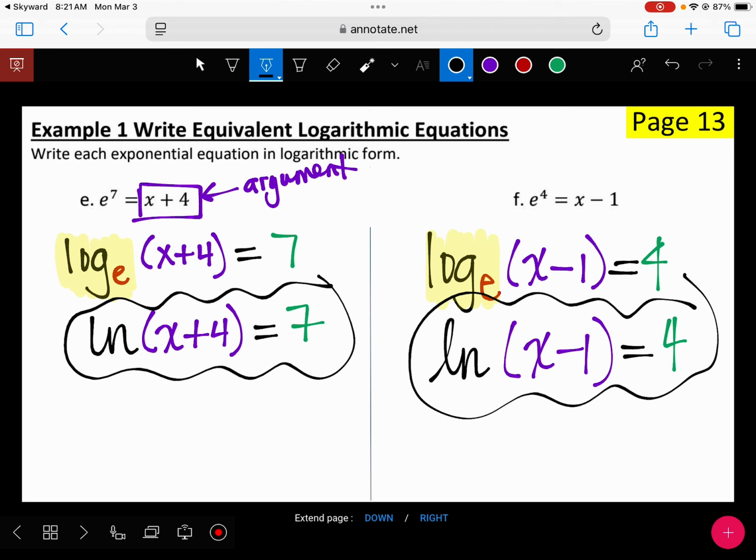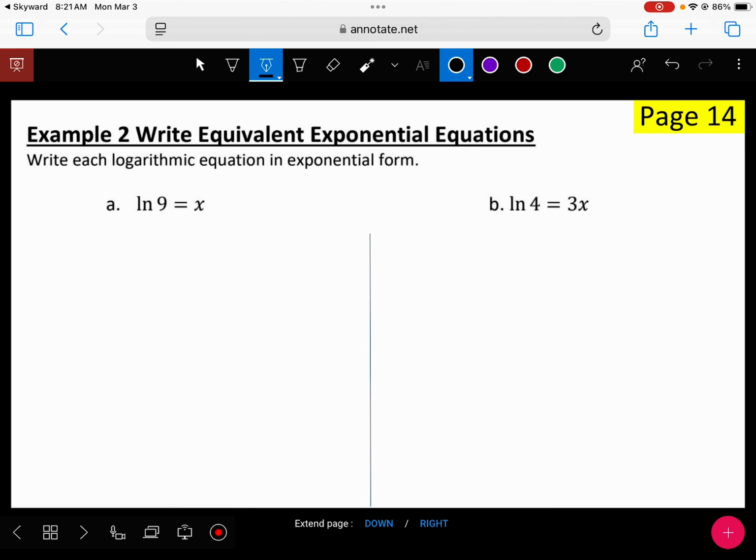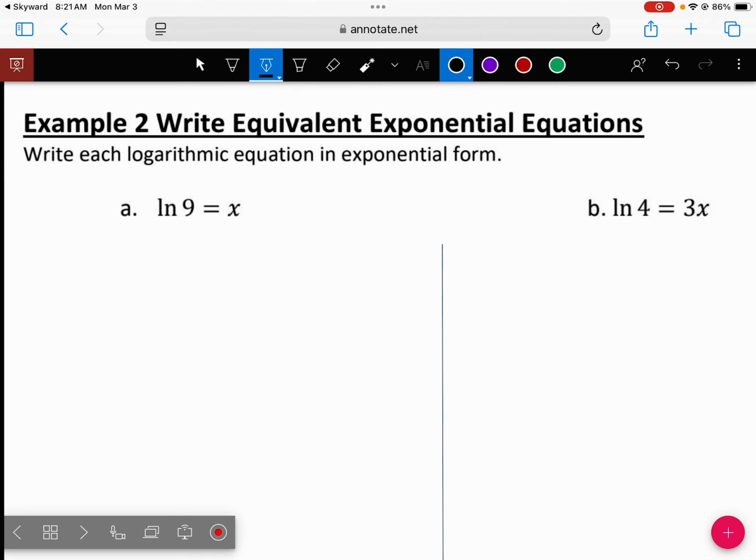All right, so now let's go from log to exponential form. I think the first thing that is helpful is to rewrite this as a log base e. Because remember, that's what a natural log is. A natural log is simply a log with the base e. So now we're ready to rewrite this in exponential form.